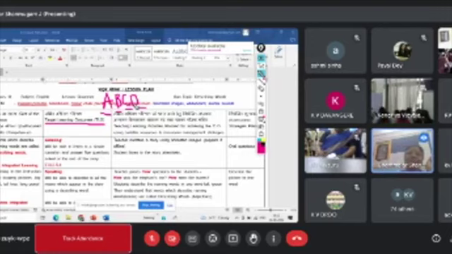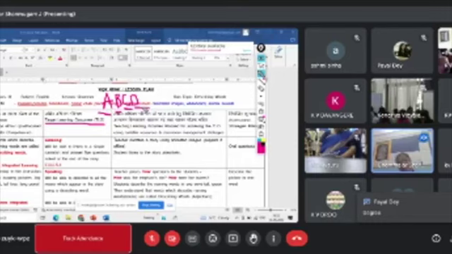Okay, so audience is children, behavior is listening and listing. Condition is after listening to the story. Degree, 5 adjectives. Clear?